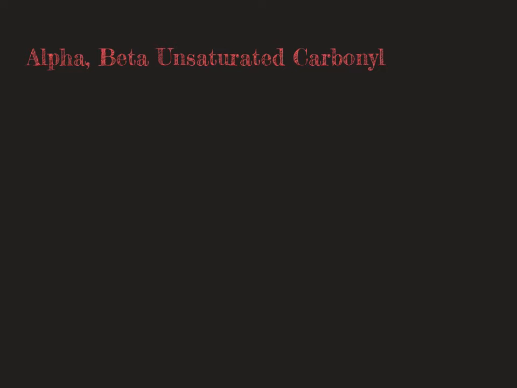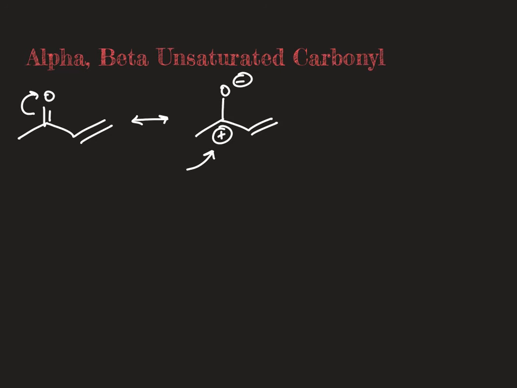So let's talk a little bit more about the alpha-beta unsaturated carbonyl itself. As I mentioned, we do have the resonance structure, and we can actually draw one more that I didn't draw on the previous page. So we saw a resonance structure like this with our earlier carbonyl reactions that showed that this carbon here is our electrophile.